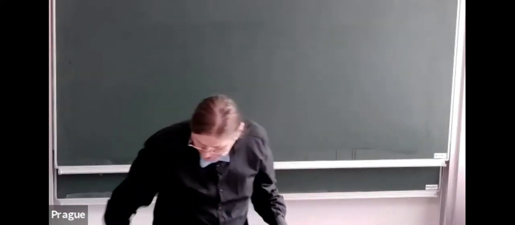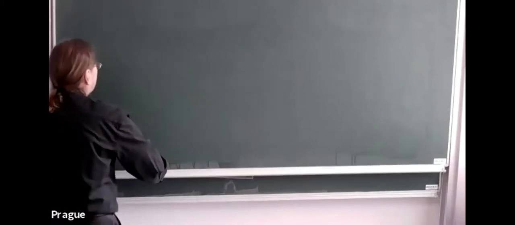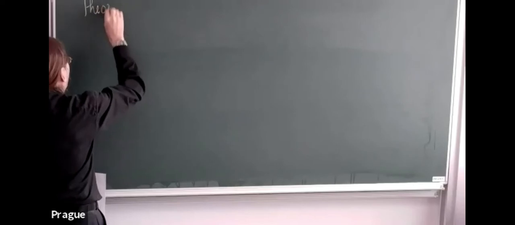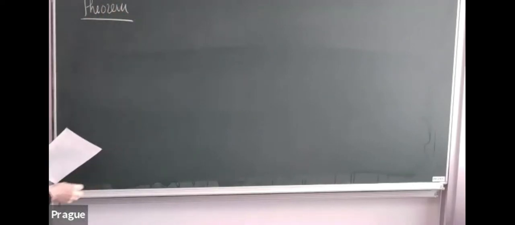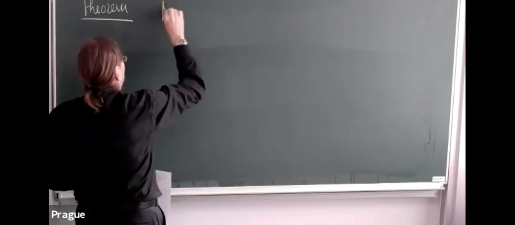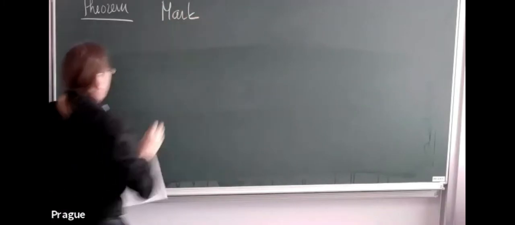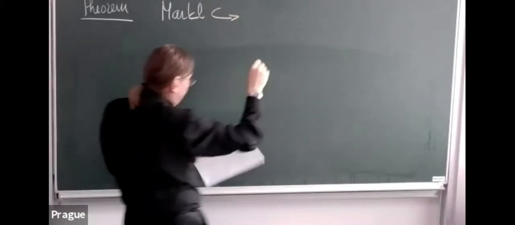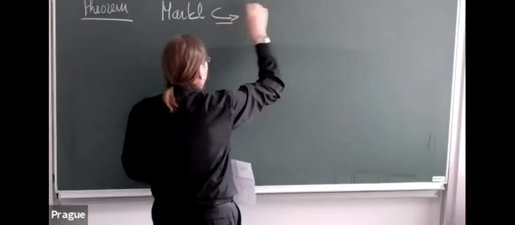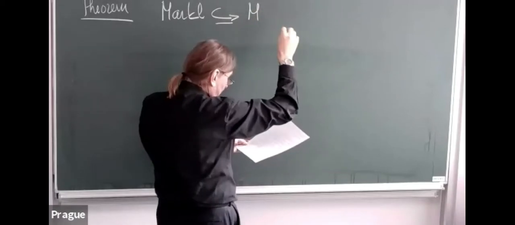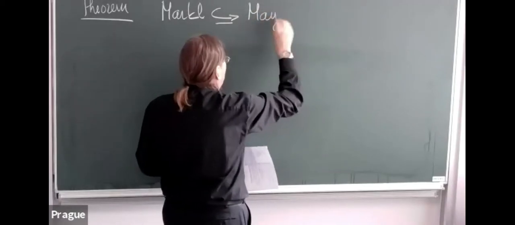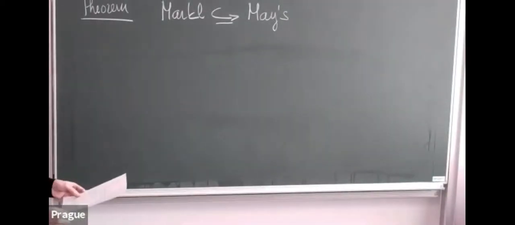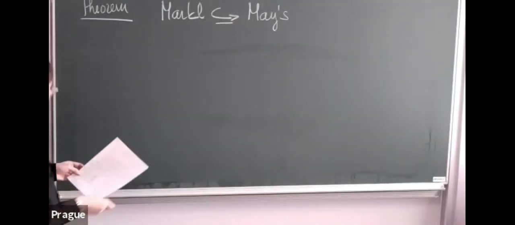So this is, let me call it a theorem, not because the proof is difficult, but because it's kind of important. There is the following natural inclusion of categories. The category of Markl's operads is a non-full subcategory of May's operads.